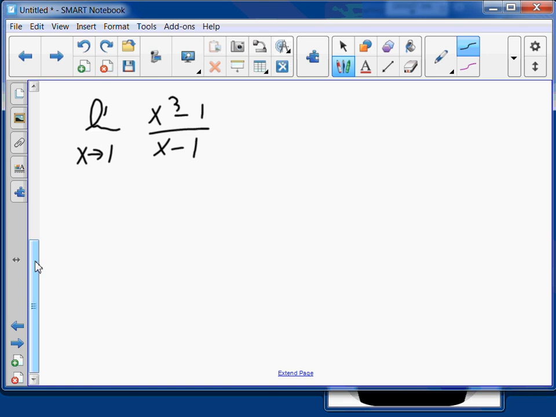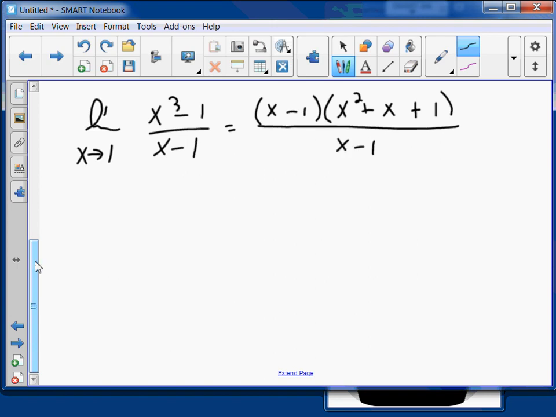Well, we're going to algebraically simplify this problem. We're going to factor the numerator. This factors into x minus 1 times x squared plus x plus 1 over x minus 1. That is a difference of cubes. You have a formula for that, right? Now, look what happens to the problem. We cancel the x minus 1. Now, the x minus 1 was the problem, correct?